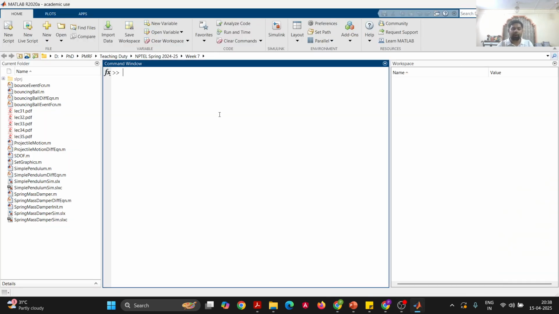So let us go to our MATLAB window, and let us define our matrix phi in MATLAB. So this is our phi matrix. This is how we can define a matrix in MATLAB.